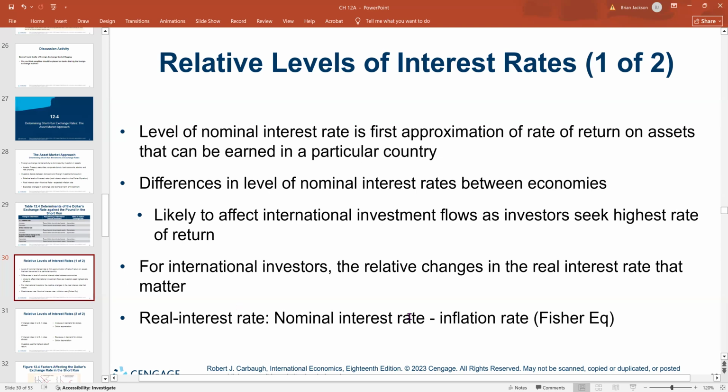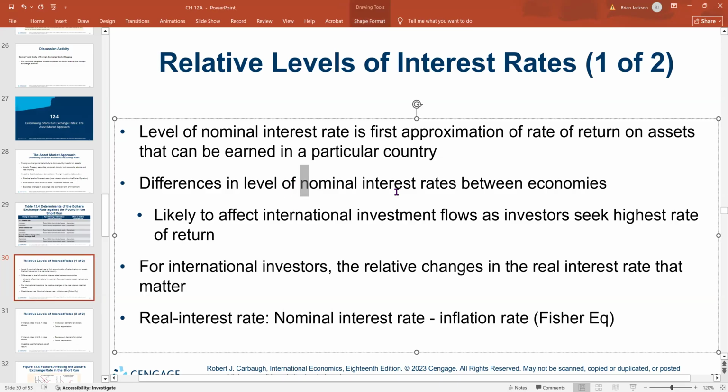So the level of nominal interest rate is a first approximation of the rate of return on assets that can be earned in a particular country, but that's called the nominal interest rate, and we have to adjust those by inflationary expectations so that investors will always seek the highest real rate of return, really, and that's determined down here. The real interest rate is the nominal rate minus the inflationary rate.